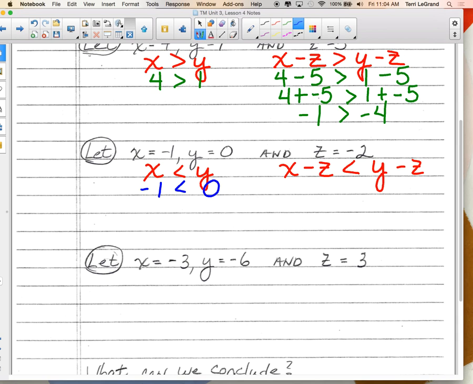So negative 1, take away negative 2. That subtraction sign does not take the place of the negative sign on the 2. This is exactly how you need to write it. Negative 1, take away negative 2 is less than, our y value is 0, take away a negative 2.